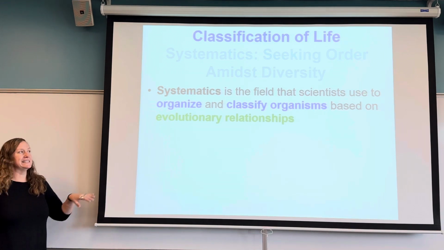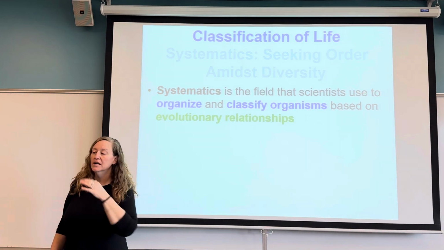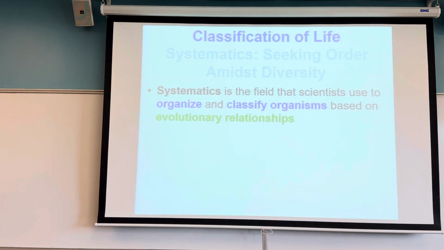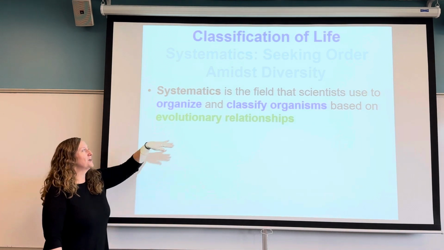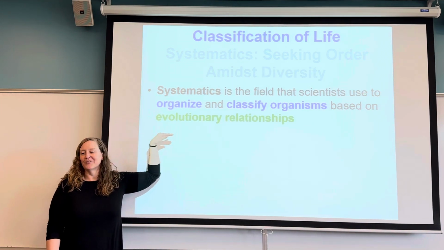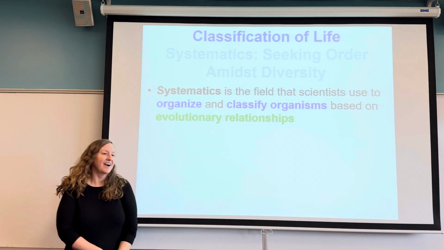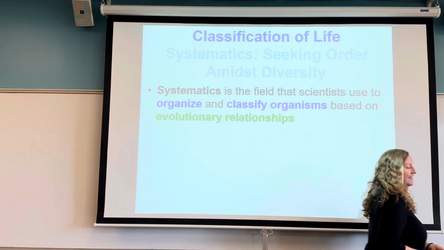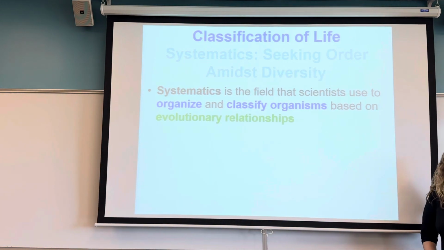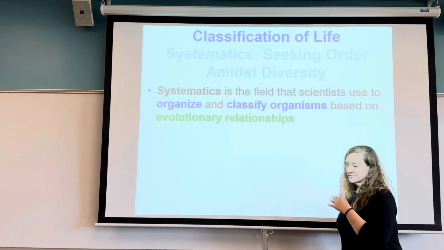So the term systematics, this is a field where scientists start to organize organisms into different groups, which is the classification issue. And hey, check this out. It's all based on their evolutionary relationships, how they are related to some kind of linked or common ancestor.